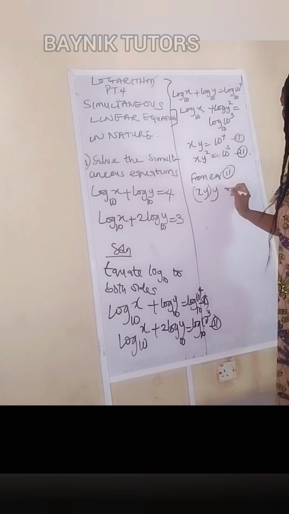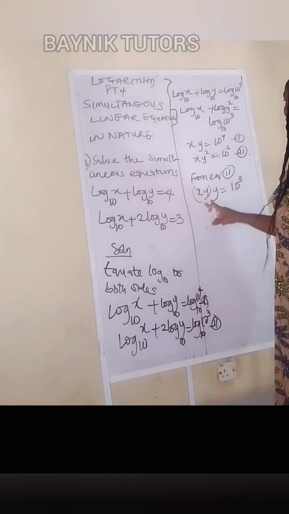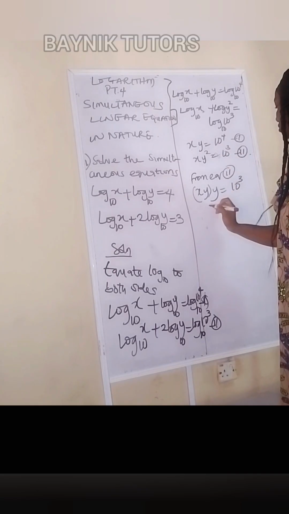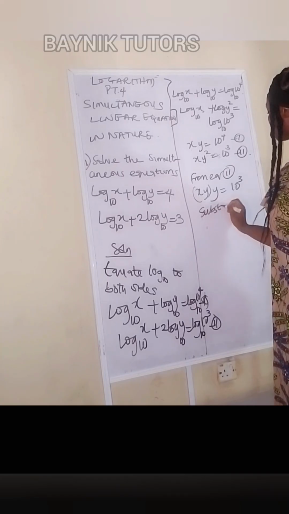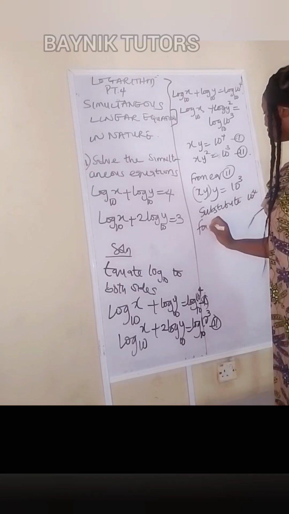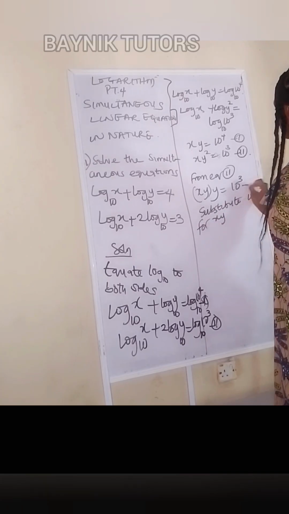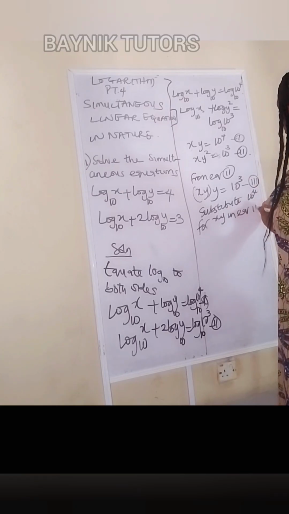So from equation 2 we have 10 raised to power 3. Wherever you see xy, you repeat 10 raised to power 4. So we substitute 10 raised to power 4 for xy. This is equation 3.